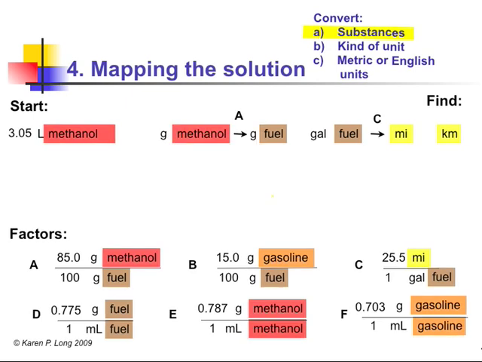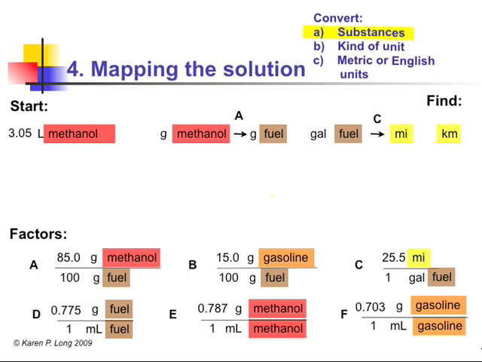We had placed fuel to miles as a factor on our map in order to get from methanol to kilometers. But there was still a gap from methanol and fuel, so we need a conversion between methanol and fuel. If you look at the factors, you see that what we can use is factor A, which is the percentage of methanol in fuel.